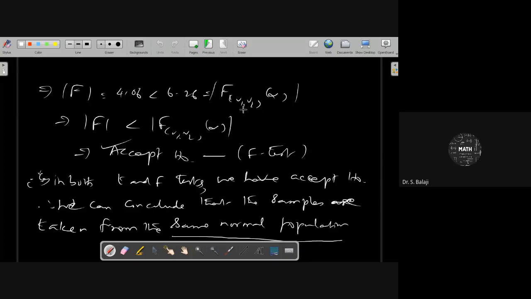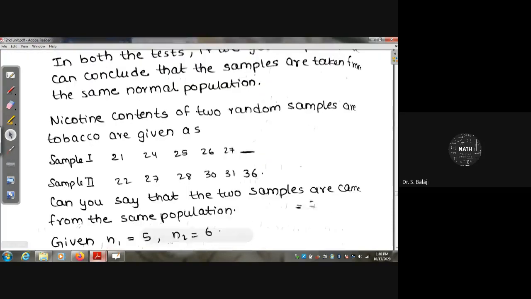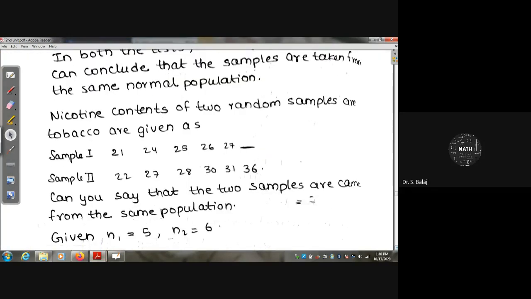If both accept H0, you can conclude that the samples are taken from the same normal population. I think all of you understand this kind of problem. You have to adopt both the F test and the T test.